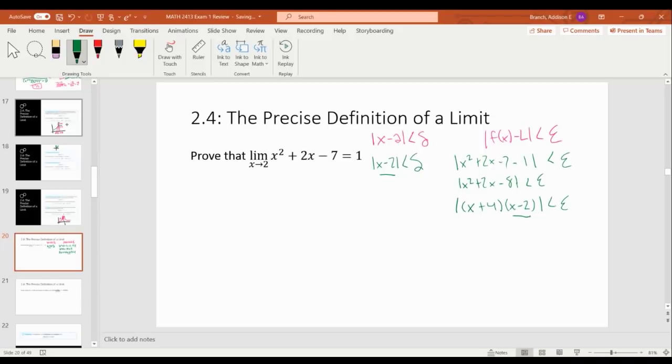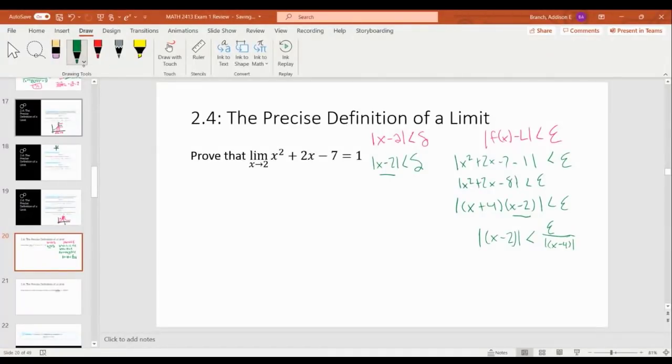So I like to isolate that x minus 2 by itself to get the absolute value of x minus 2 is less than epsilon over the absolute value of x plus 4. So we can divide both sides. Now we have x minus 2 is less than delta, and x minus 2 is less than epsilon over x plus 4.